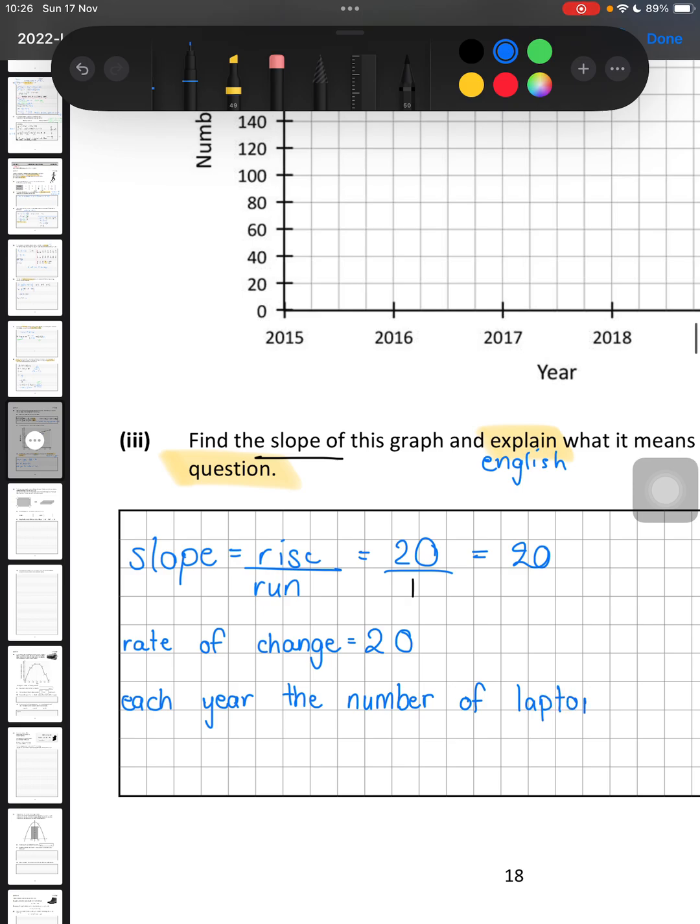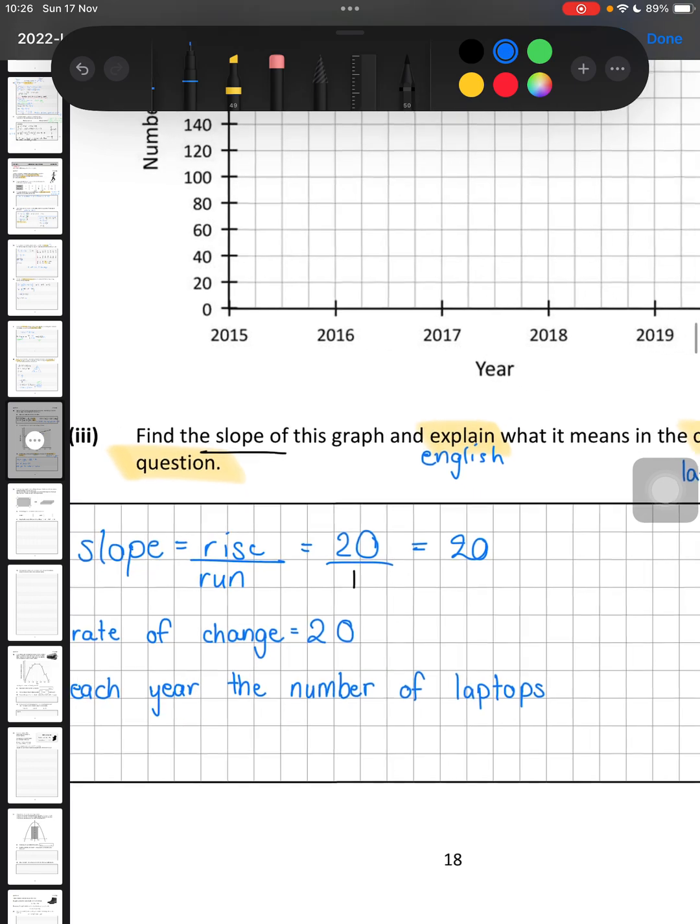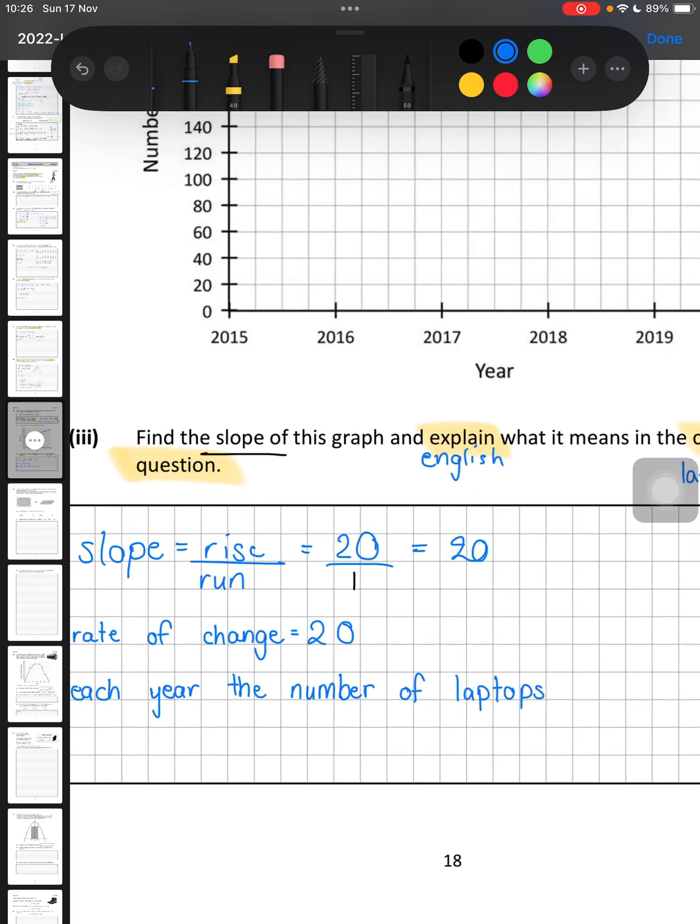Some people gave things like, it's a positive slope, so it's an increasing number of laptops sold. That's great. It is increasing, but that's just not specific enough. Each year the number of laptops sold is increasing. It absolutely is increasing, but we need to say more than that.